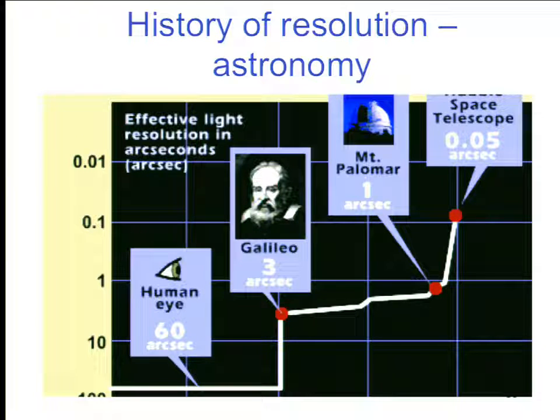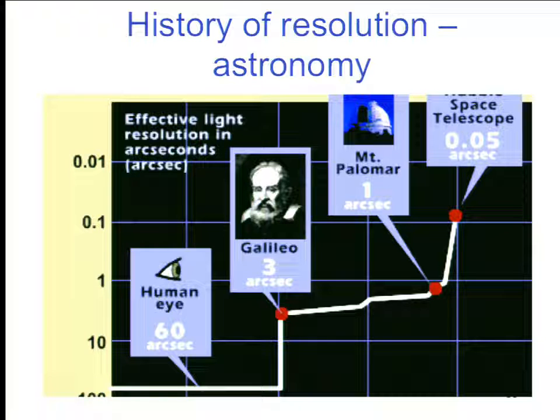Now, when they built the Mount Palomar telescope, it's a 200-inch telescope down in Palomar, and I think it's near Pasadena. It's the world's largest reflecting telescope, glass telescope. Now, 200 inches turns out to be 5 meters. So you would think that that would be a lot better, but it isn't that much better.